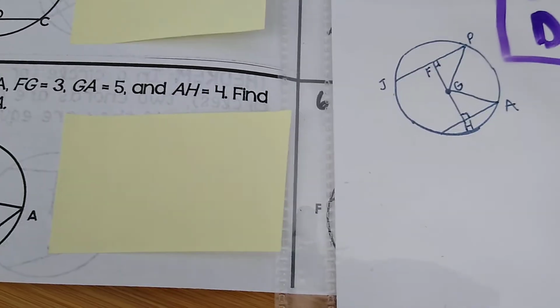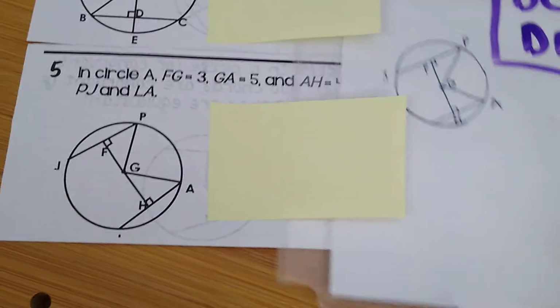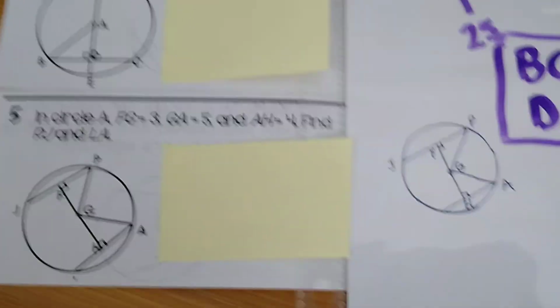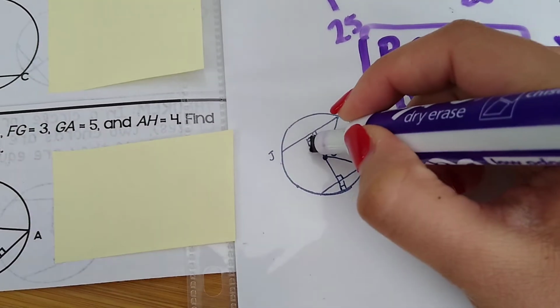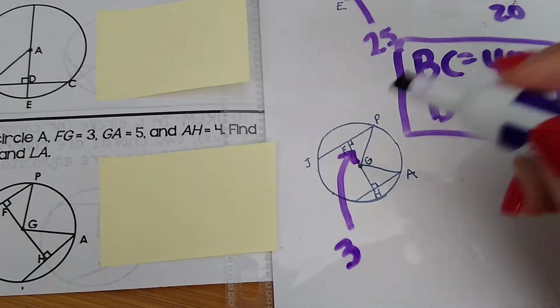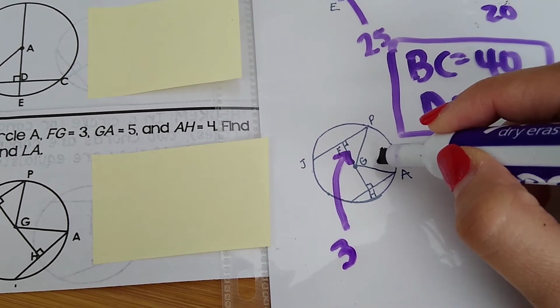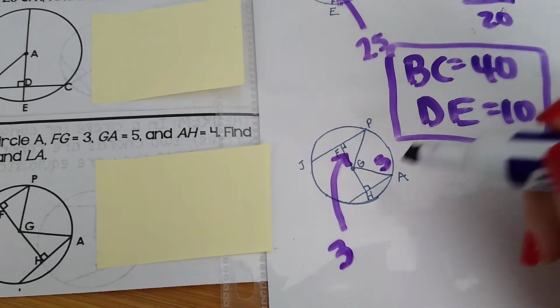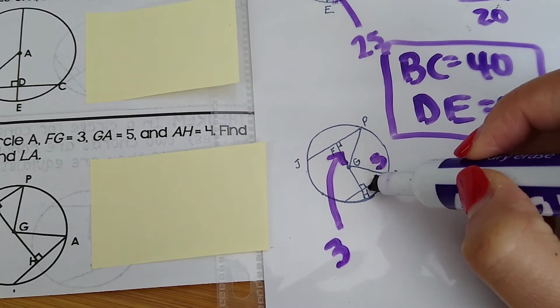So I'm going to go ahead and plug in what I know. So here's my circle. So FG equals 3. So this little guy is 3. GA equals 5. And AH equals 4.